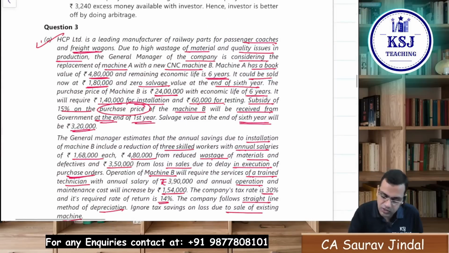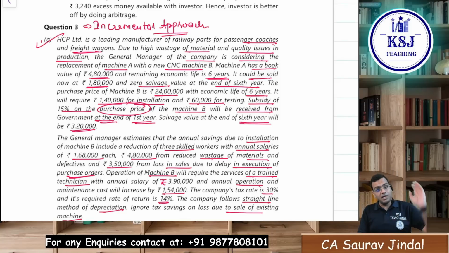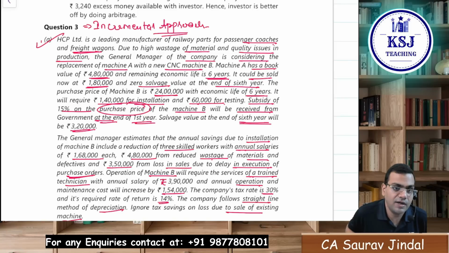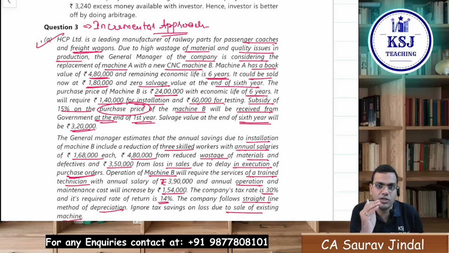The first and foremost thing is that this question is to be solved by the incremental approach. You cannot solve the NPV separately for old and new machine. So you have to solve it by the incremental approach. When we have a replacement decision, replacing the old machinery with the new machinery, we do not have all the data relating to the old machinery to calculate NPV.